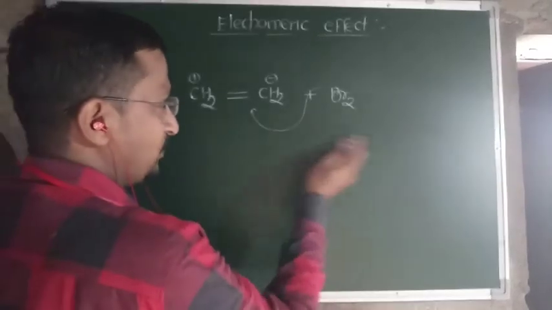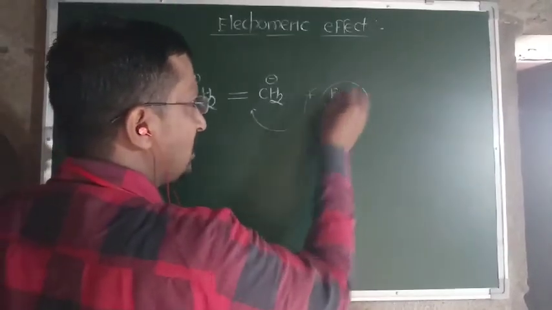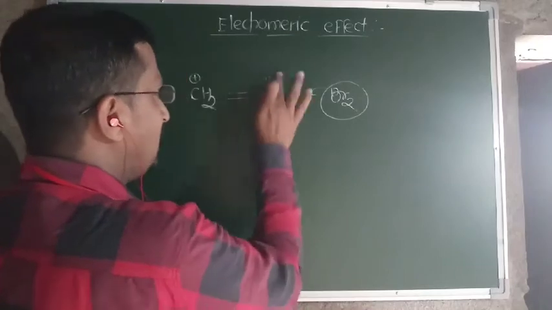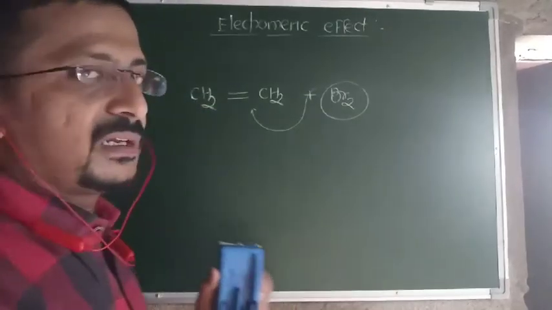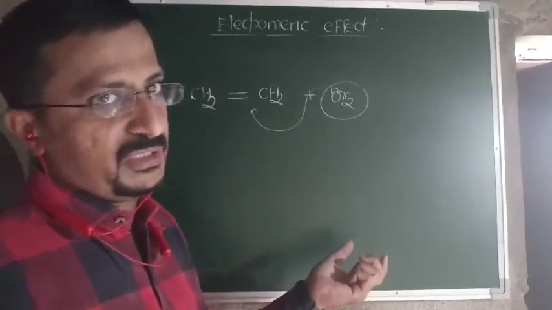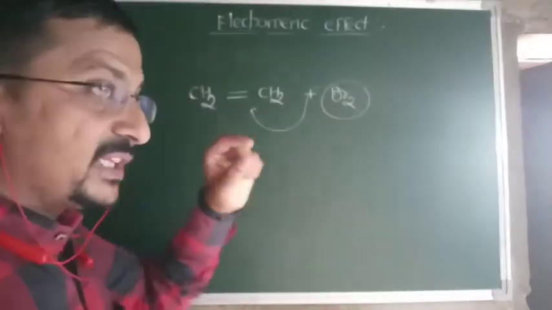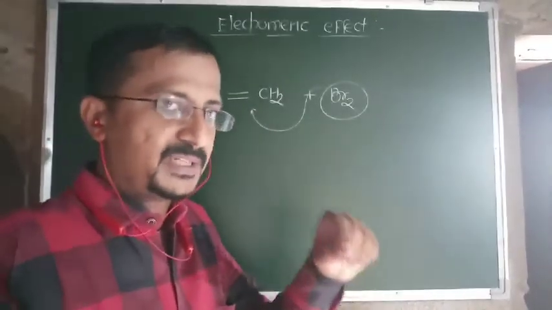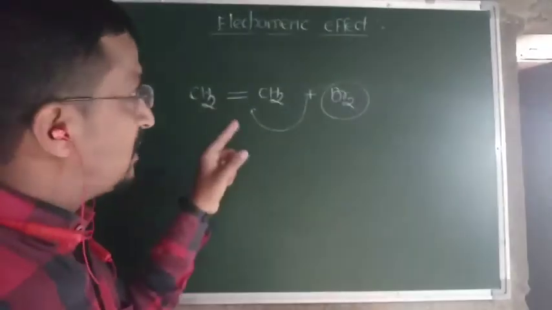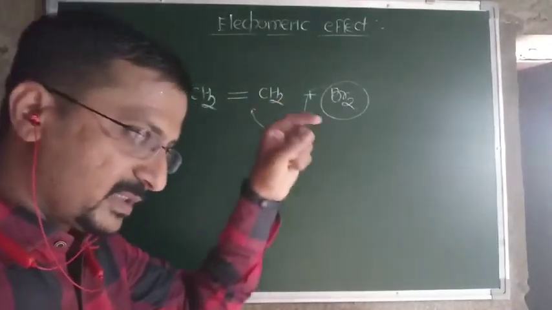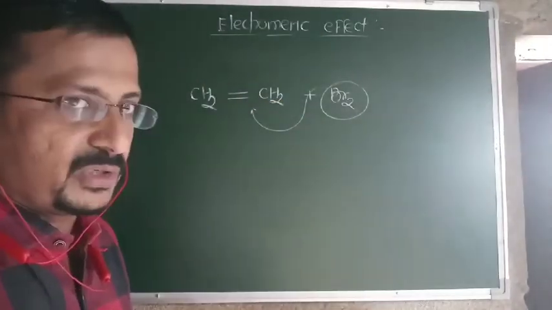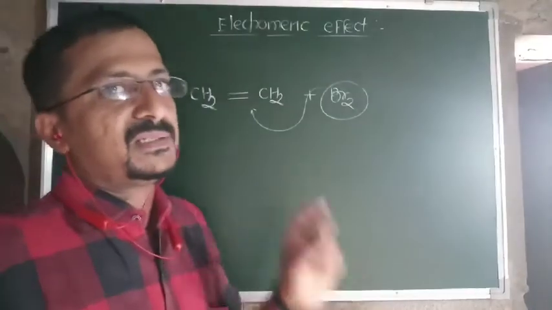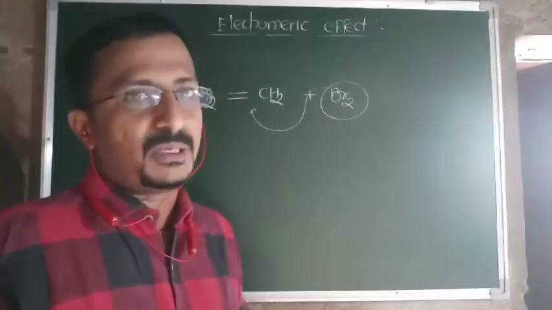When you remove this reagent away from that substrate, the molecule reverts and comes back to its original state. That's why it depends upon the reaction condition. That's why it is a temporary effect. Out of all the electronic effects, only the electromeric effect is temporary. All other effects are permanent.